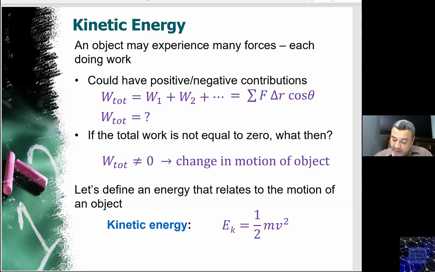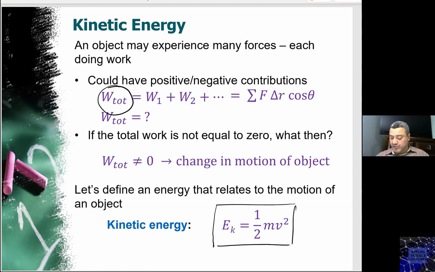So if I look at the total work, this total work will result in a net force, and this net force is going to result in a kinetic energy. Why? Because this force is going to induce acceleration. This acceleration is going to induce velocity and so on. So I will end up with a kinetic energy due to a very specific velocity.